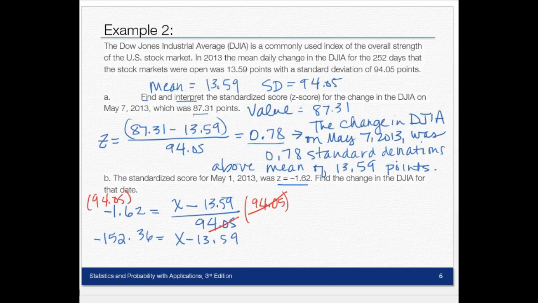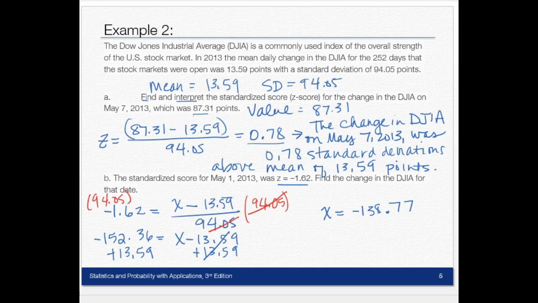So now I can add 13.59 to both sides, and I have what x equals. So when I do that, I get negative 138.77.